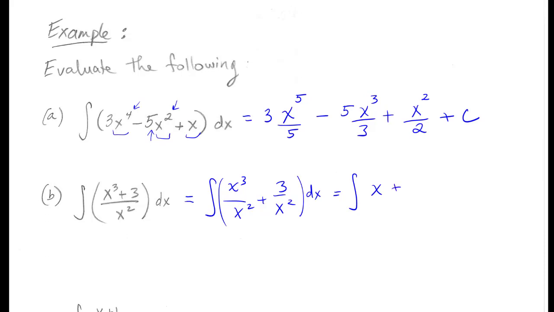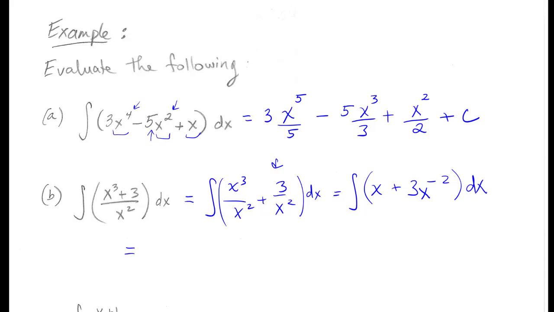And then, just like with differentiation, I'm going to take this term here and rewrite it as 3x to the minus 2. All right, and then that's the thing. So now I have it in a better form, and I actually can carry out my integration.